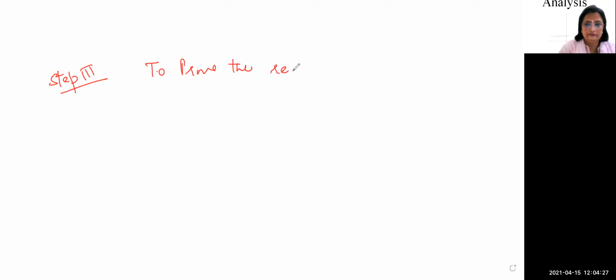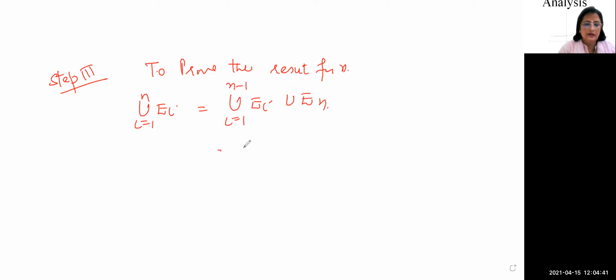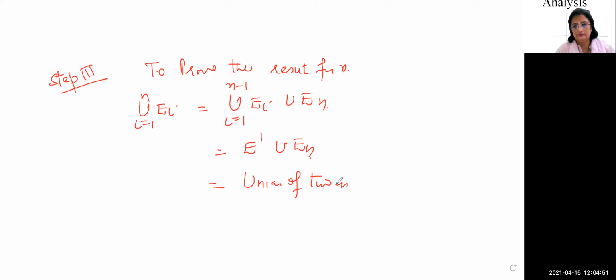So you consider the union of Ei, i running from 1 to n. You will split it as the union of Ei from 1 to n minus 1, union En. Let it be E dash union En. This is the union of two measurable sets. The union of two measurable sets is a measurable set.